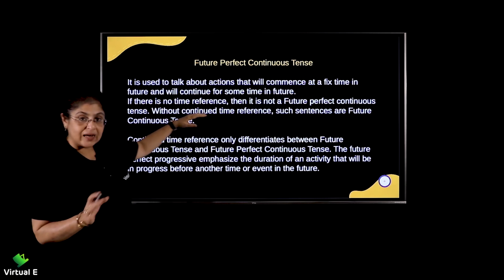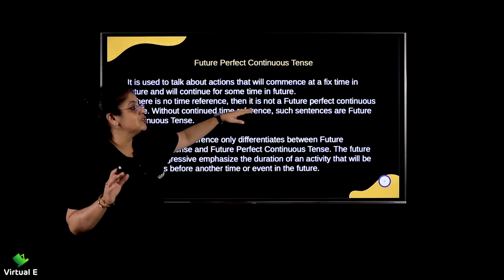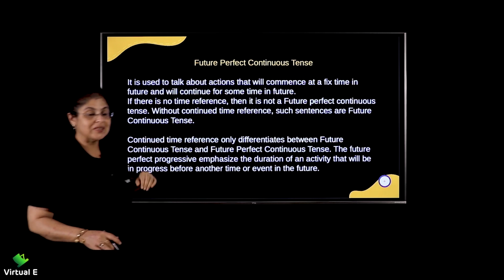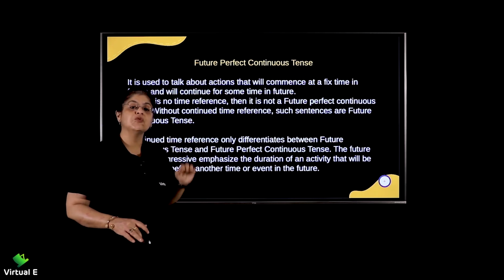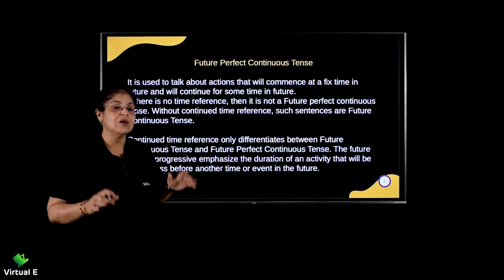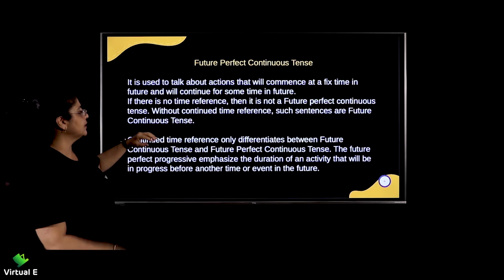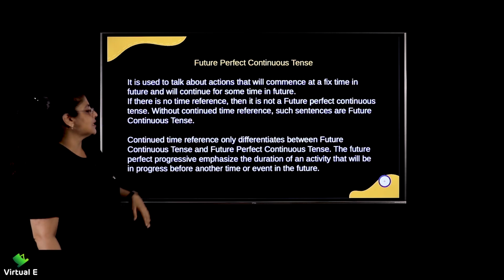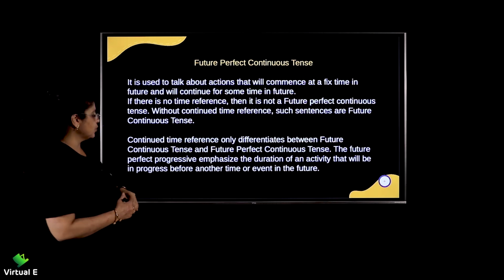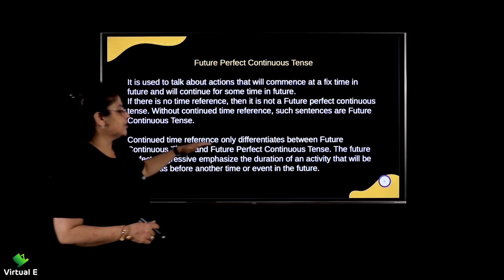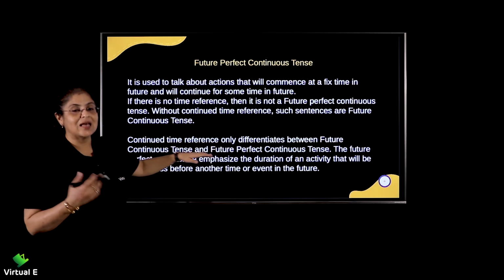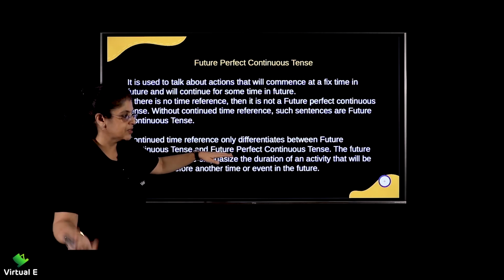If there is no time reference, then it is not a future perfect continuous tense. So basically, you cannot have a future perfect continuous tense without time reference. Without continued time reference, such sentences are future continuous. Continued time reference only differentiates between future continuous tense and future perfect continuous tense.